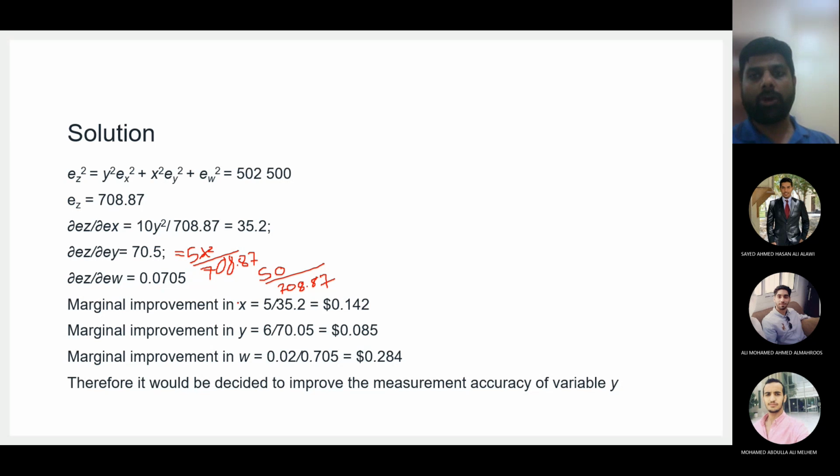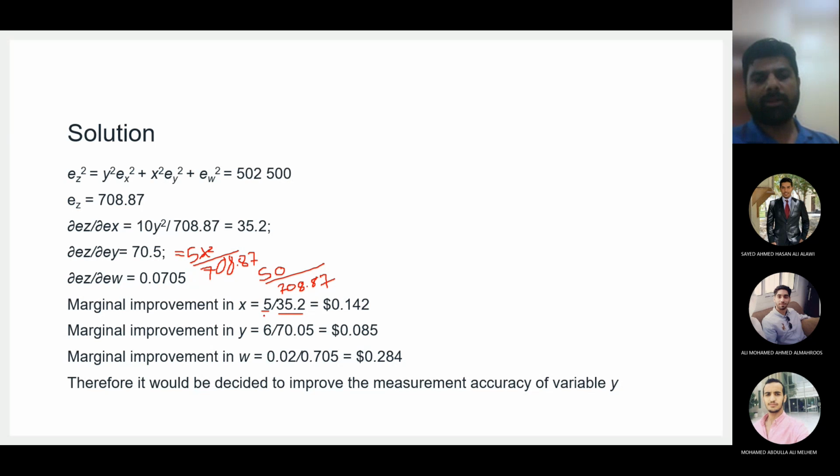Now their marginal cost for improvement was also given. So if you take the marginal improvement cost of x, divided by the error caused by it, to reduce error by each unit, I will have to spend $0.142. $5 is the improvement cost for improving the measurement of x, and x is causing how much error in the equation? 35.2.